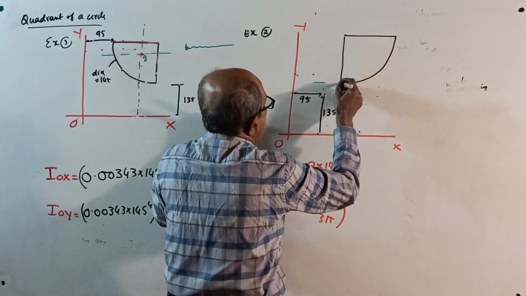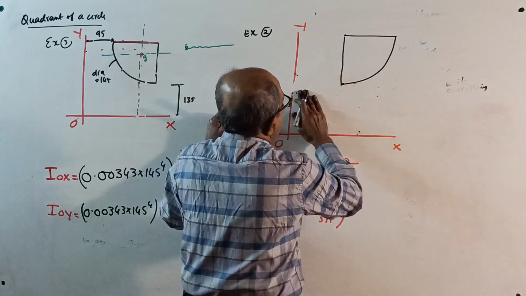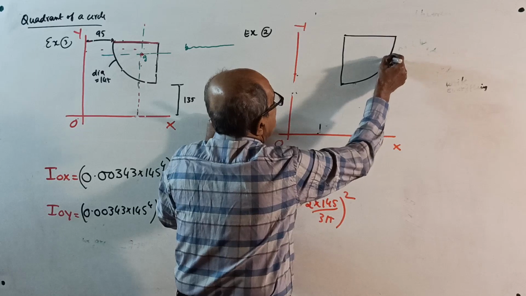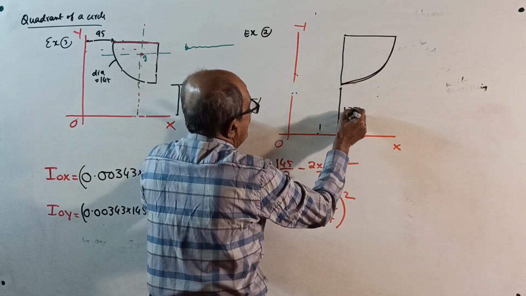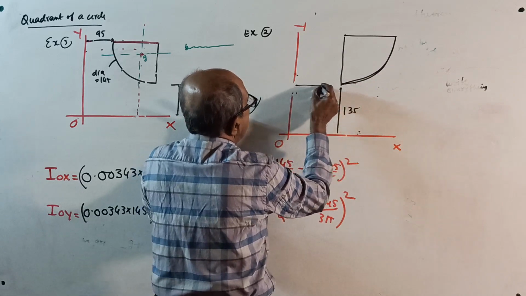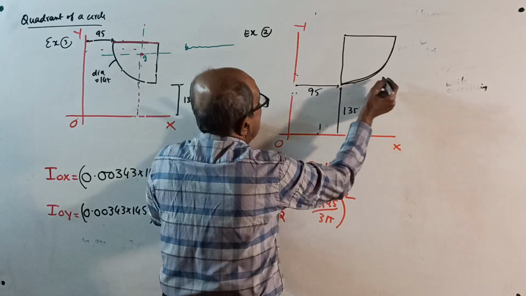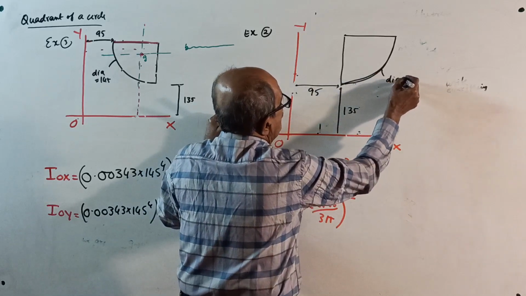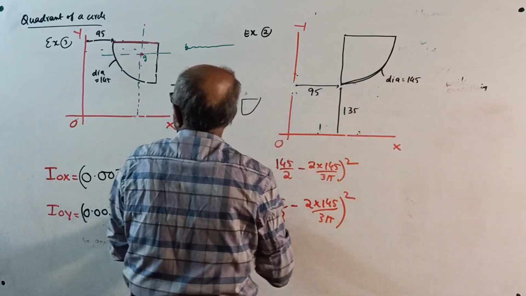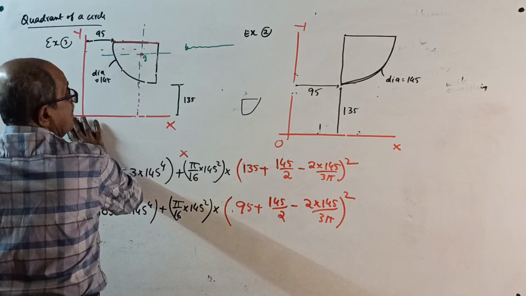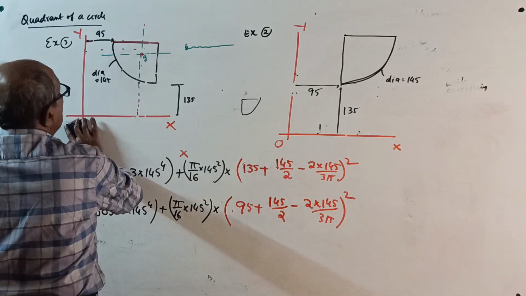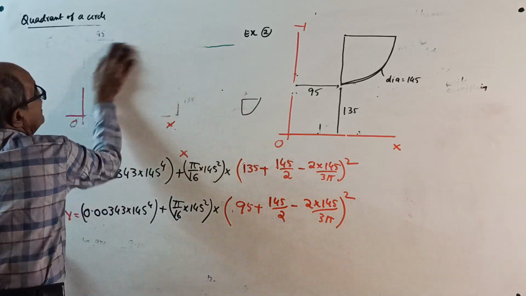Once again, it's out of scale, but don't bother about those things. This is given 135, this is given 95, diameter is 145. Now, this is 135, 95.